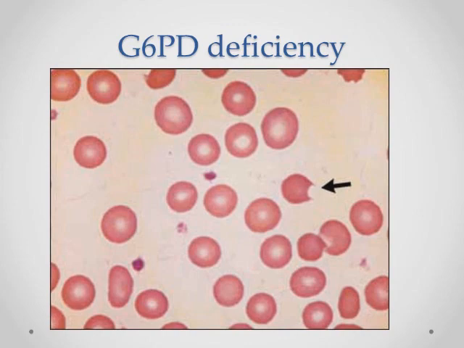The G6PD enzyme is very important in the pentose phosphate shunt. The glucose 6-phosphate dehydrogenase enzyme will provide NADPH, and this NADPH is very important for glutathione reductase, which is an important antioxidant. In the absence of G6PD, there will be deficiency of NADPH and of glutathione reductase.